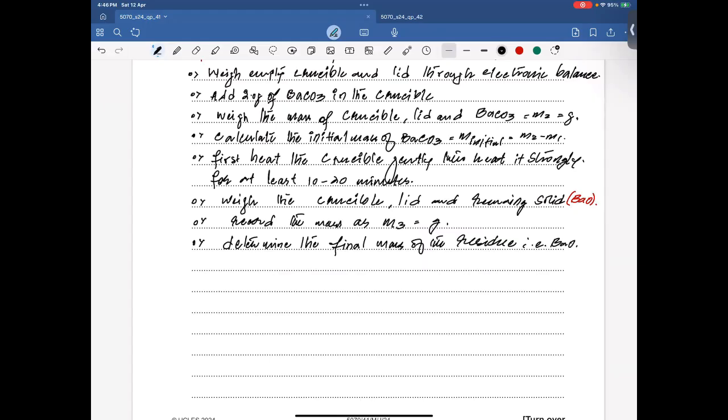How to calculate this mass? It's very simple. I need to find mass final, and for that I'm going to subtract M1 from M3, that is M3 minus M1. Okay.